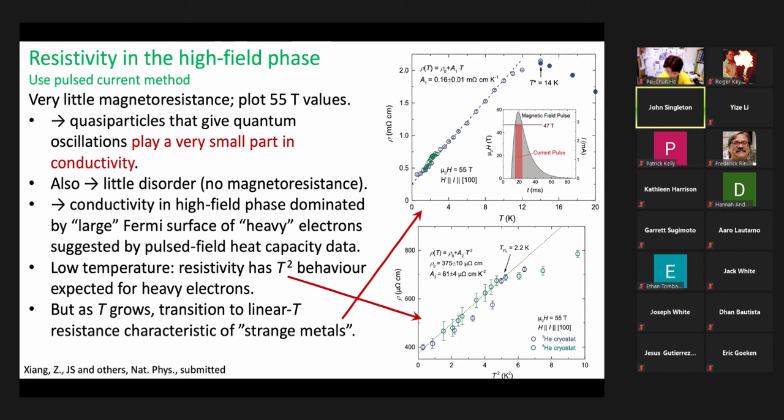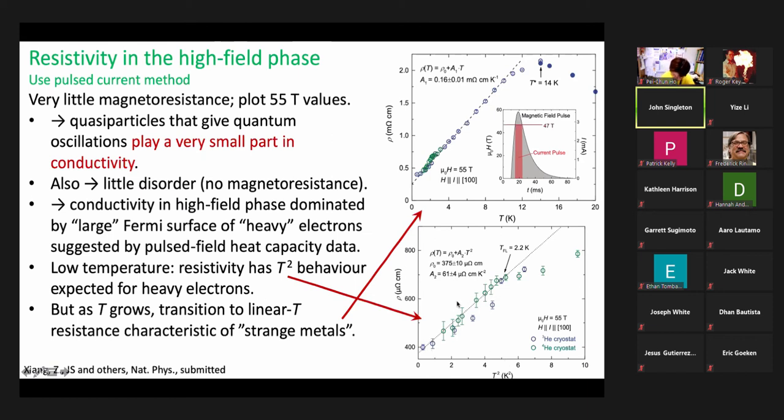And so what we can do is look at how this is behaving. If you look at very low temperatures, this is the resistivity at 55 Tesla as a function of temperature, you can see that it looks like a parabola down here. And we get that if we plot the resistivity as a function of T squared, it lies on a straight line.